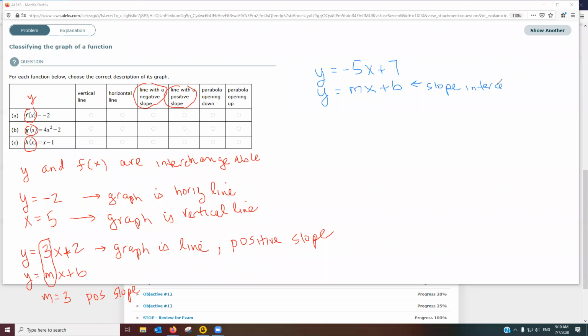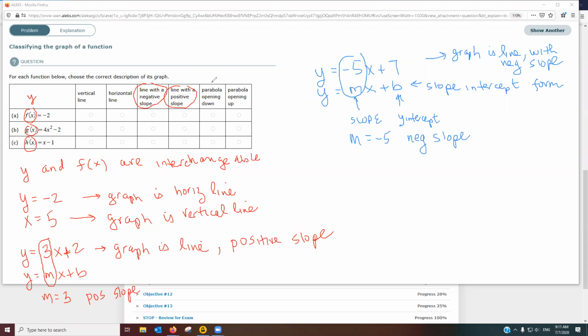You might remember this if you took MATH026. M is the slope, and this b number is called the y-intercept. That's where the graph crosses or intercepts the y-axis. Well, in our example, the slope is negative 5. And of course, that's a negative number, so it's a negative slope. So in this example, this graph is a line with a negative slope.